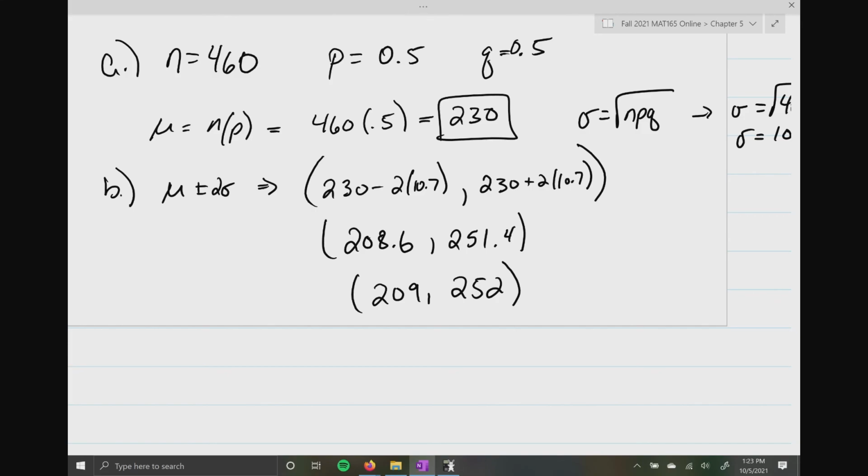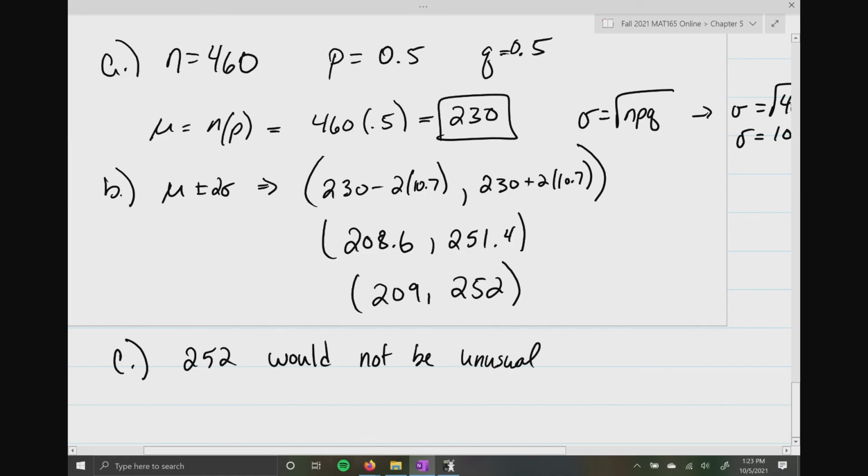So part C. If 252 overtime wins have occurred in 460 games, is that unusual? Well, 252 games would not be unusual because it fits in the range.